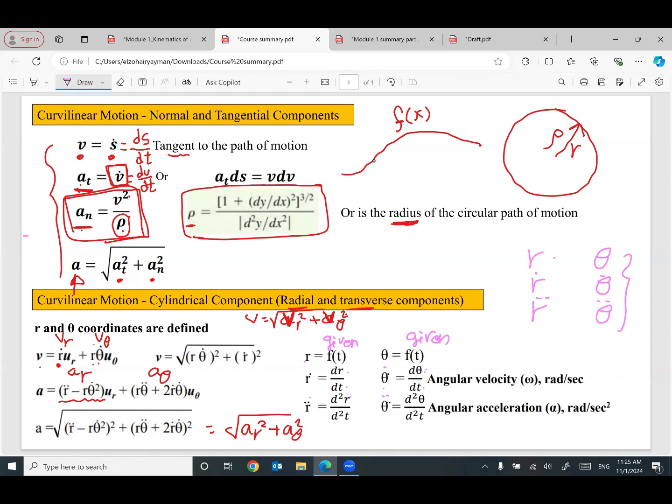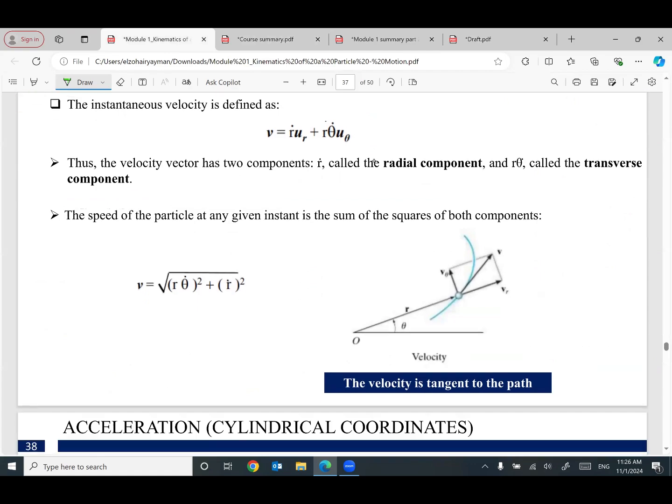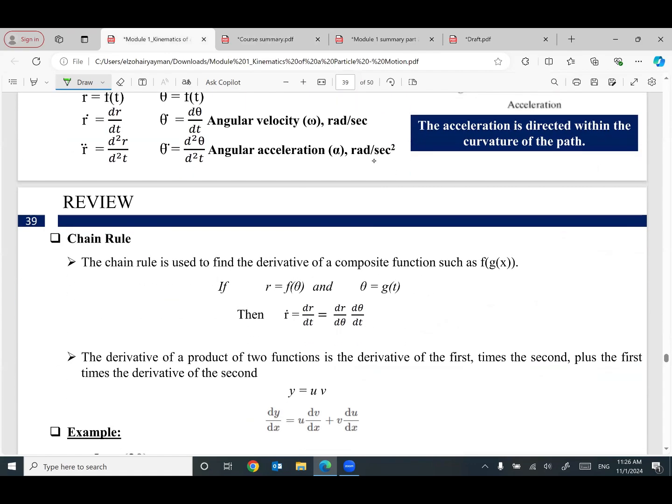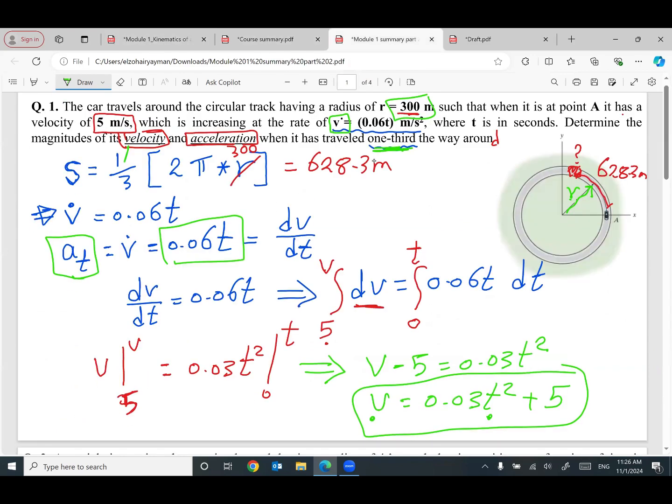Using these values, I can set up the components for the velocity and the components for the acceleration, and then find my values. That makes sense? For more detail and more solved examples, you can find them during the week in the recorded videos, but let me solve two problems on this part.